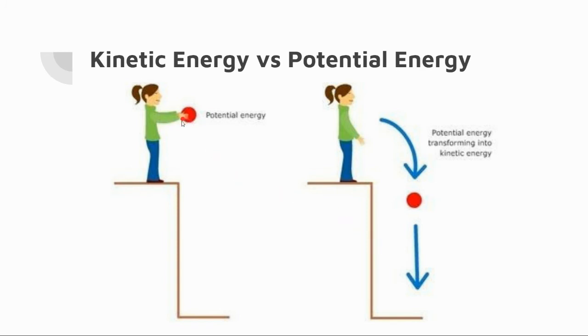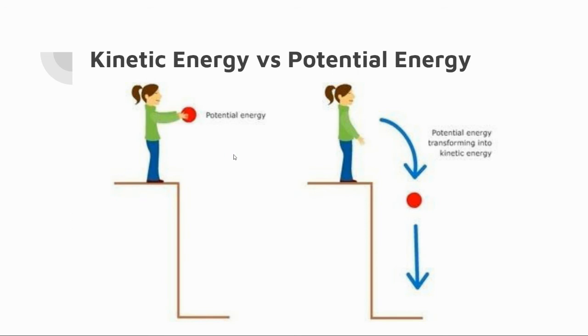When an object is still, it's called potential energy. You could think of potential energy as the potential for the object to move, if that makes sense. But to keep it simple, kinetic energy is movement and potential energy is an object staying still.